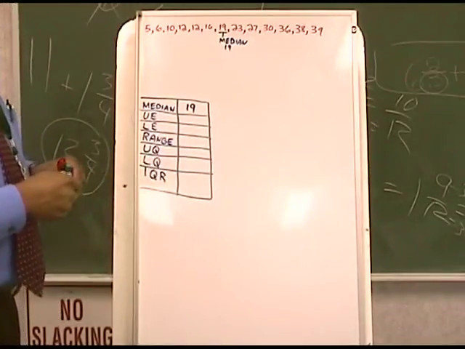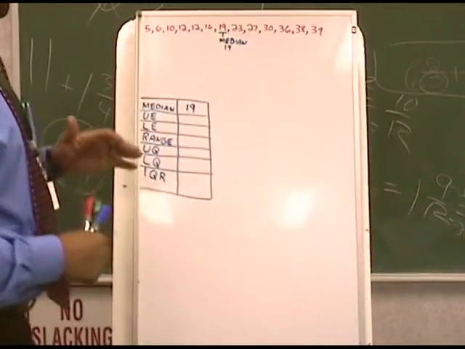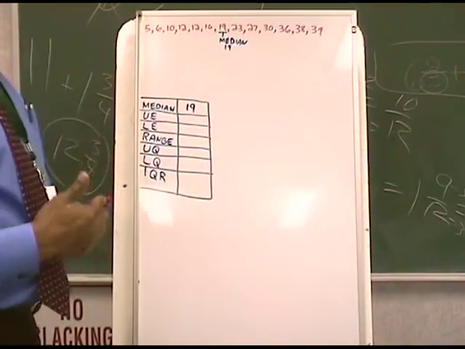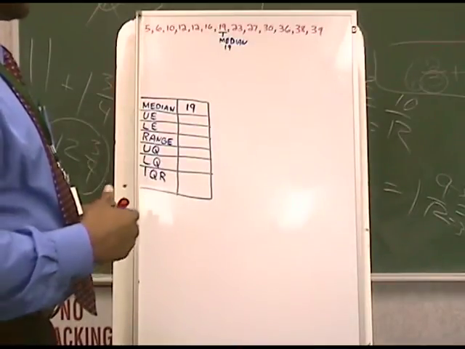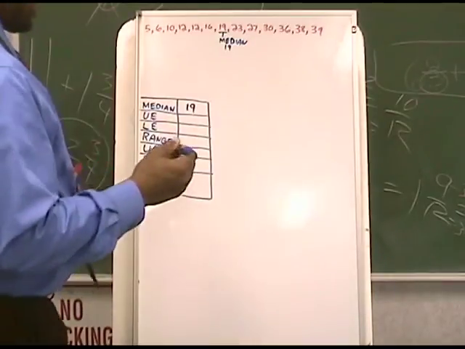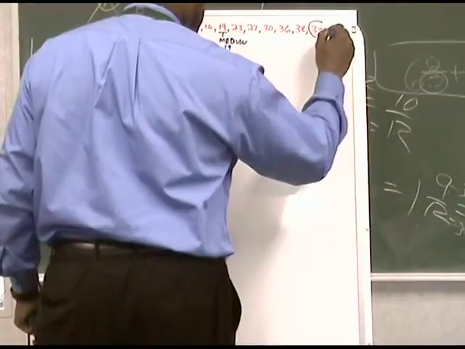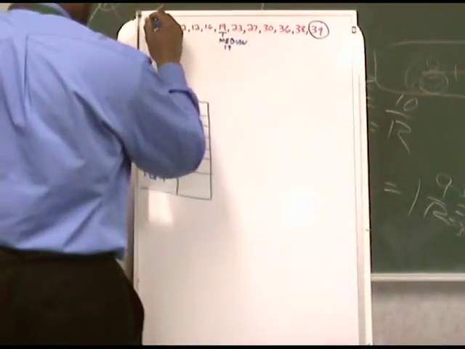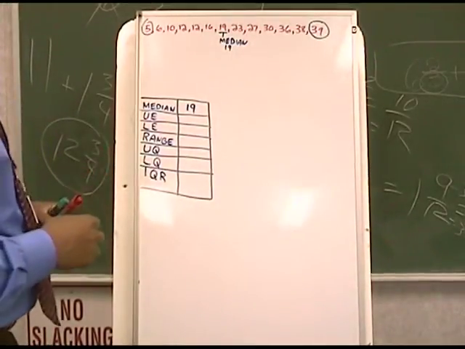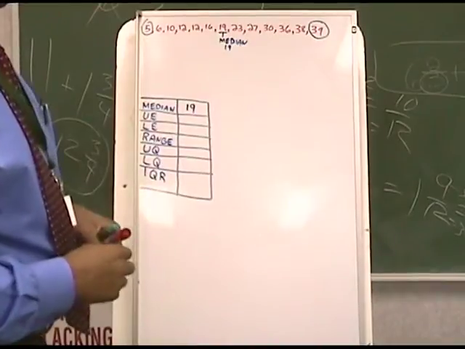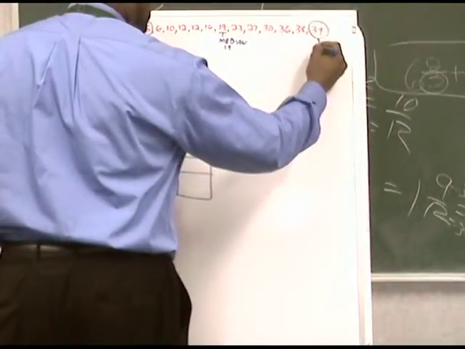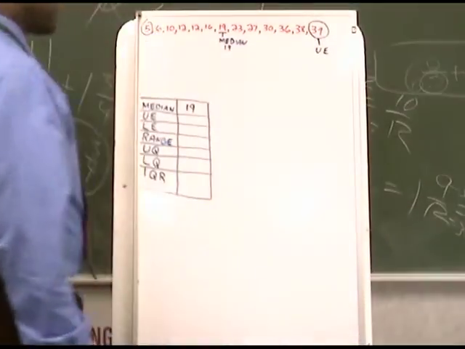Now, if you recall from the mean, median, mode segment, we had what's called the range. The range is simply the highest number in the data set minus the lowest number in the data set. Here, the highest number is 39, and the lowest number is 5. When you're dealing with box and whisker plots, the highest number in the data set has a name. And guess what it's called? You guessed it. The upper extreme.